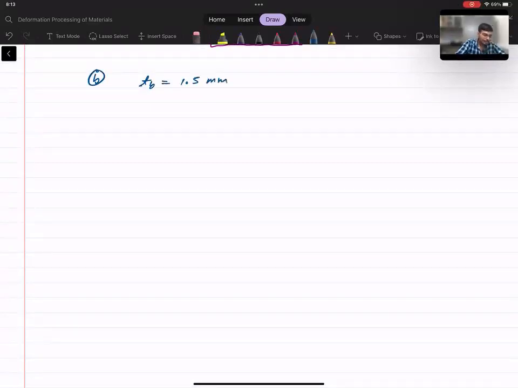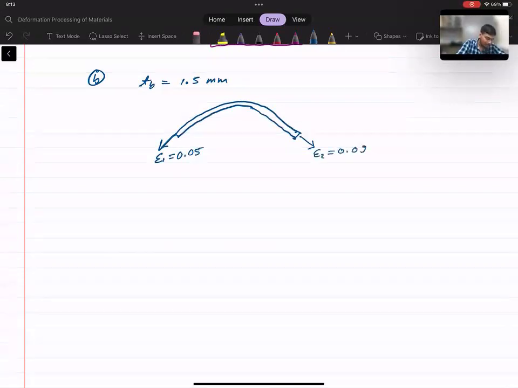Say we had the blank like this. This is the schematic representation. Say here the strain was 0.05, and here it is 0.09. Now we need to find TF.